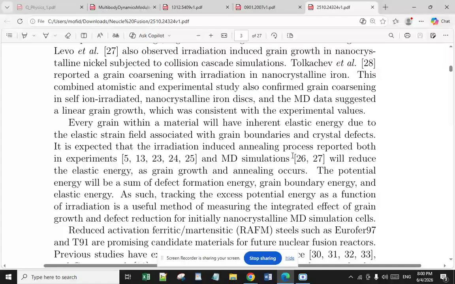The potential energy will be a sum of defect formation energy, grain boundary energy, and elastic energy. As such, tracking the excess potential energy as a function of radiation is a useful method of measuring the integrated effects of grain growth and defect reduction for initially nanocrystalline MD simulation cells.